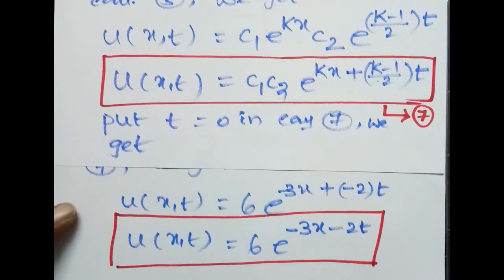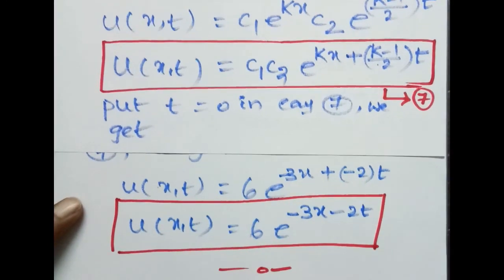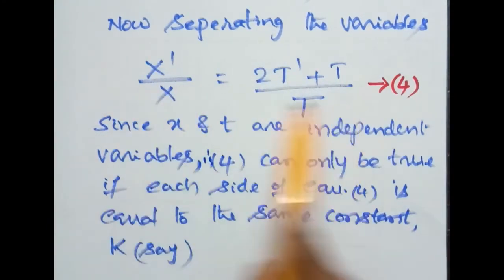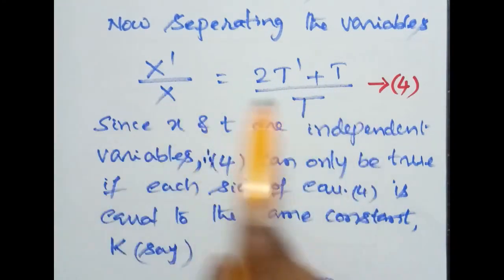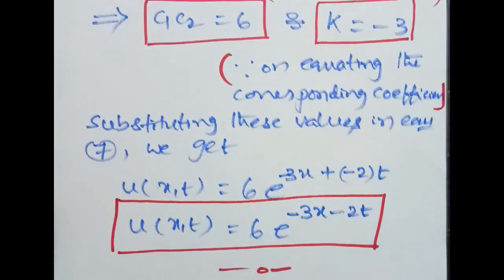This is our required solution for the given partial differential equation after solving by applying the method of separation of variables. Why are we calling this method the separation of variables? Because to find the solution, here we are separating the variables. So this is the method of separation of variables. So this completes the solution.